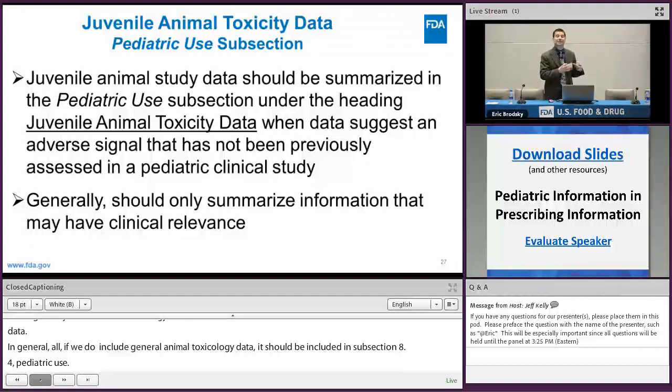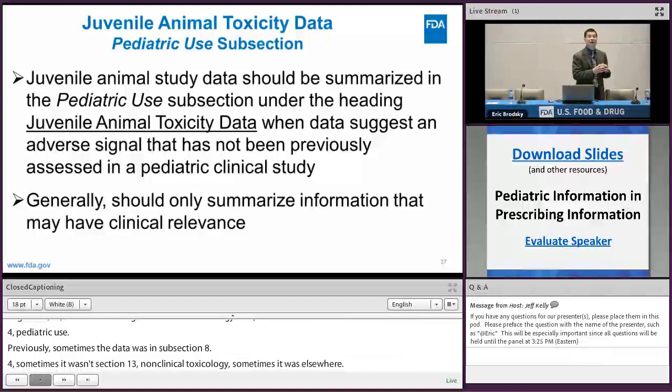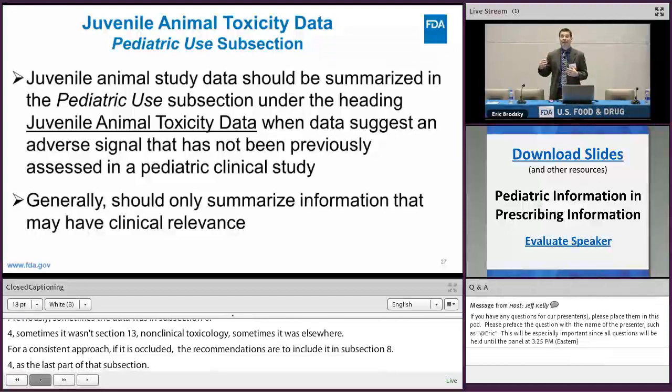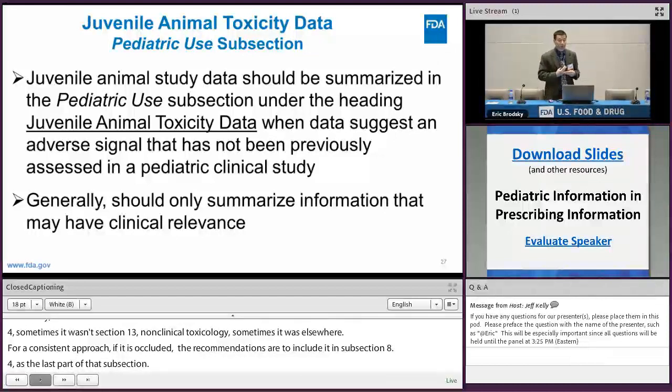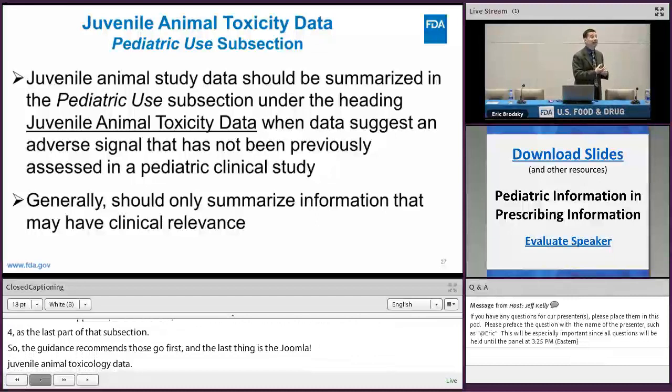So for a consistent approach, if it's included, the recommendation is to include it in subsection 8.4 as the last part of that subsection. The guidance recommends the human data goes first, and then the last thing is the juvenile animal toxicology data. And if we include it, we should include the title juvenile animal toxicology data to have a consistent approach. That's under a heading in the pediatric use subsection.